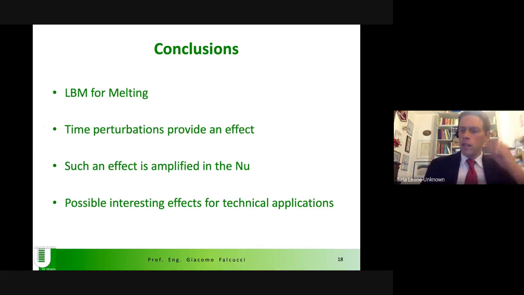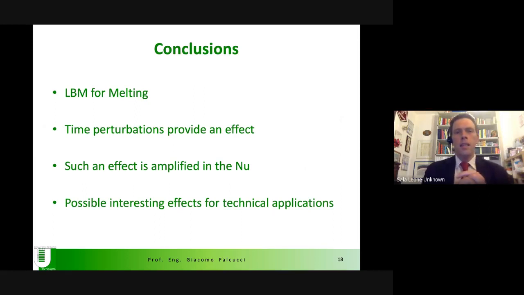So, just concluding, this is a brief presentation with very preliminary results, but the approach that I showed in the previous presentation can provide some interesting results in the presence of these thermal fluctuations in time. Space fluctuations, static fluctuations, do not provide any interesting result, no difference.